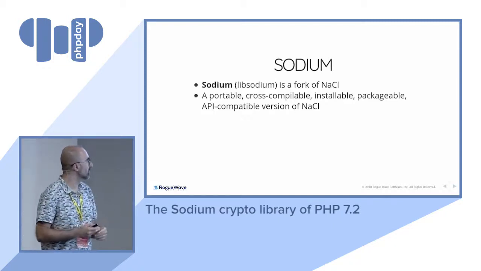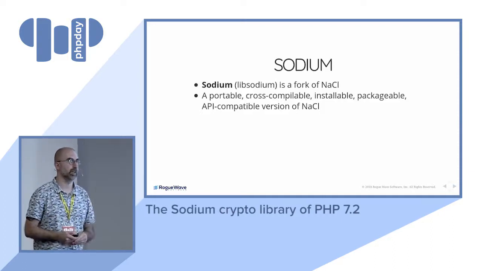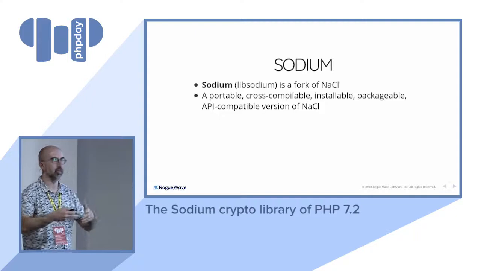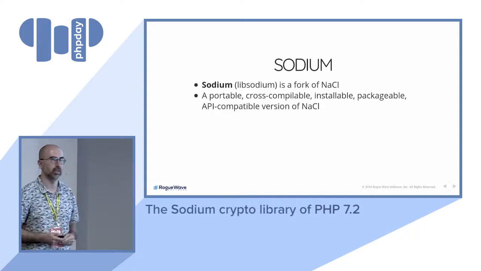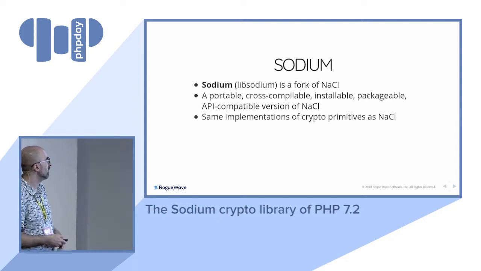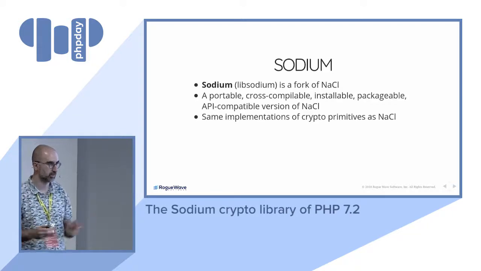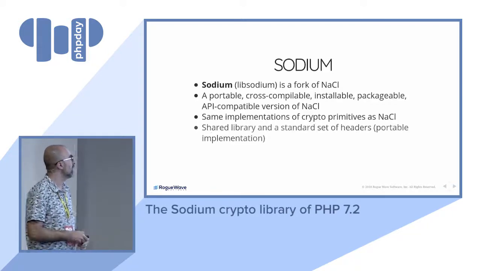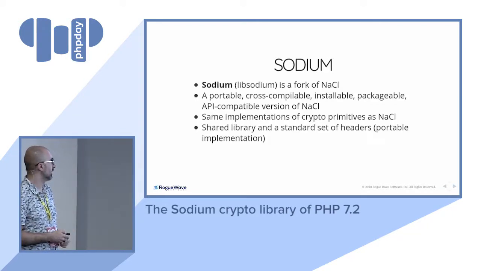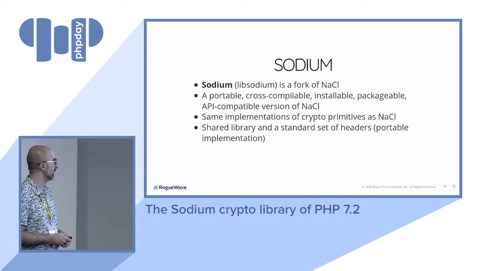So Sodium is a fork that simplifies this process. That's why a lot of languages, Python, PHP, can now consume NaCl, thanks to Sodium. Of course, it has the same crypto primitives as NaCl, so there is no difference here. And again, it's a shared library, so you can actually use it in any language.